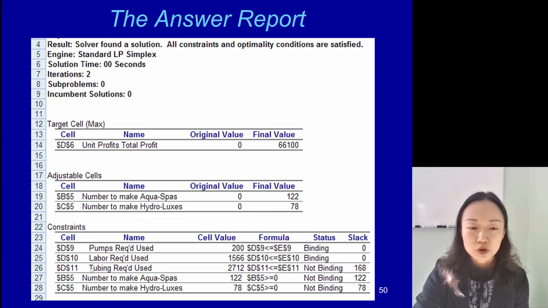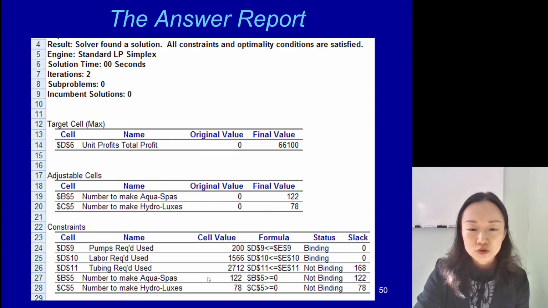And if you recall, for the tubing, we had 2,880 units available. And when the problem is solved, the left-hand side is 2,712. So that's the amount of tubing needed. And the difference between this and the right-hand side is the 168.